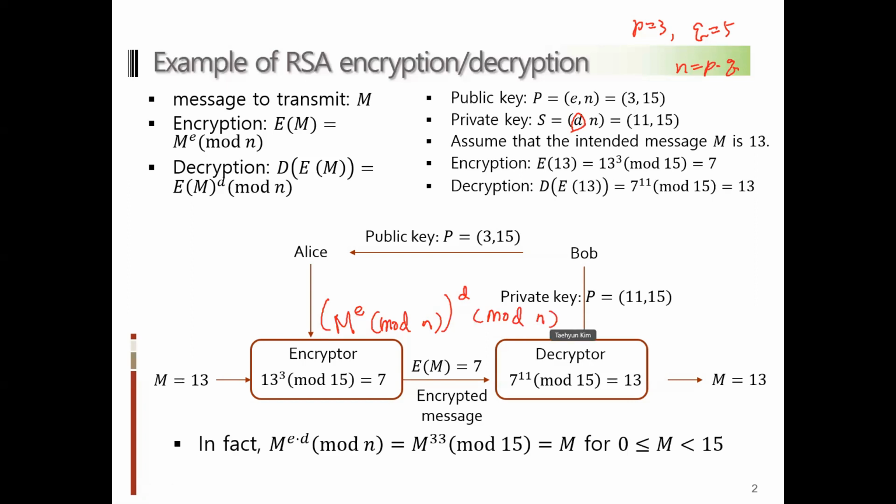However, even though here I said that Bob first gets only the remainder and then calculates the power of the remainder to the d, and calculates the remainder again.